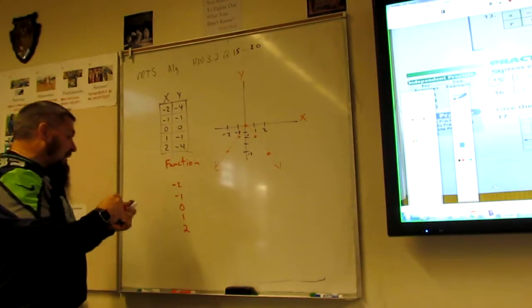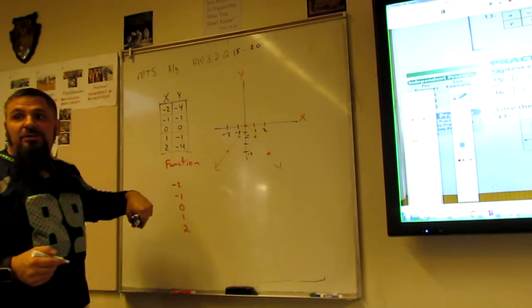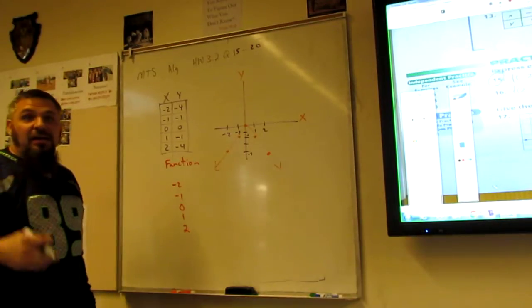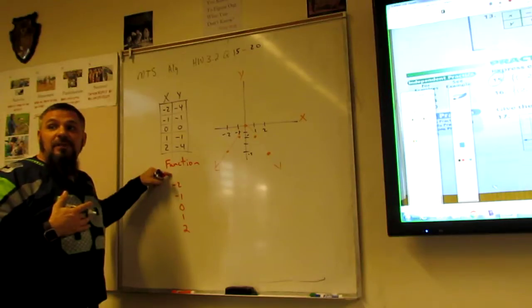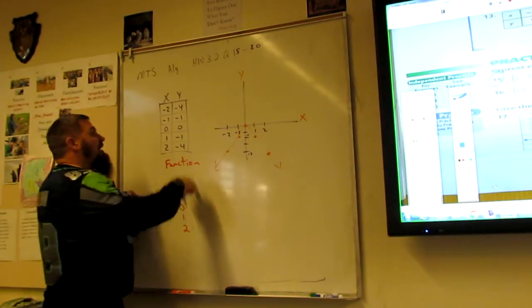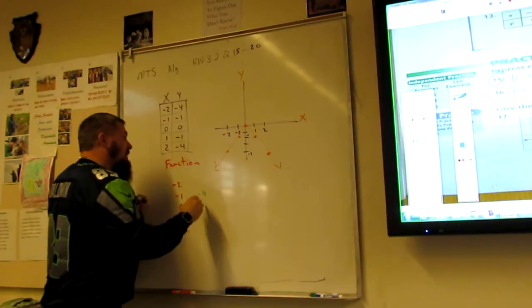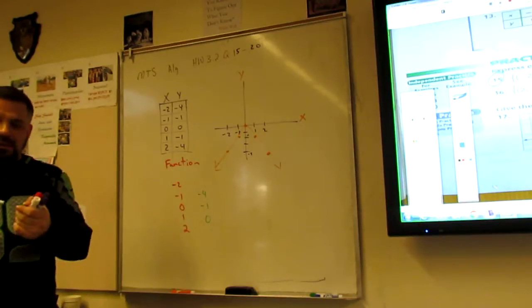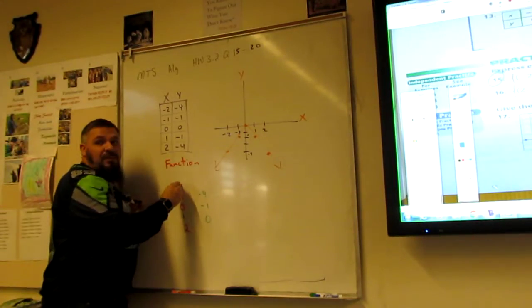And then I'm going to map it to the Y's. Do the Y's come up twice? Yeah. So it doesn't matter. It's still a function, but I don't have to write all the numbers twice. I can write just negative 4, negative 1, and 0. Where does the negative 2 go?